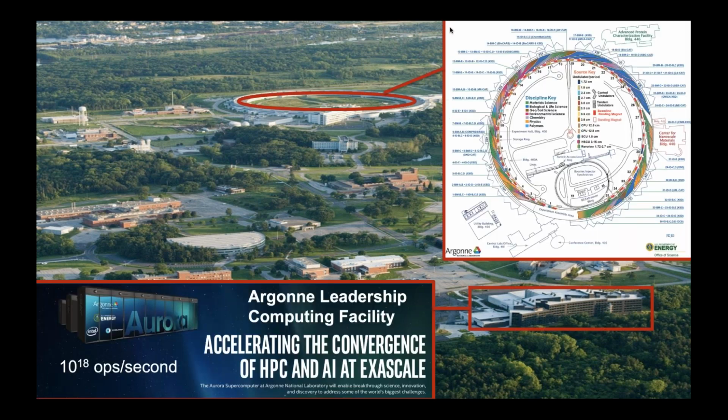So here's a picture of the Advanced Photon Source, 60 beam lines or so, each generating data sometimes at tens of gigabytes per second, and the Argonne Leadership Computing Facility, soon to be home to an exascale computer, a computer that can operate at 10 to the 18th operations per second.